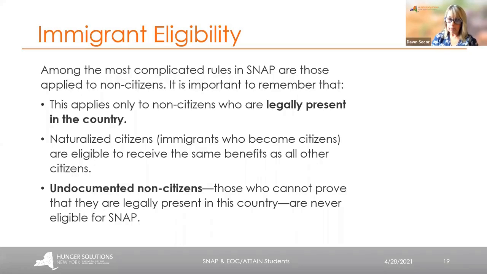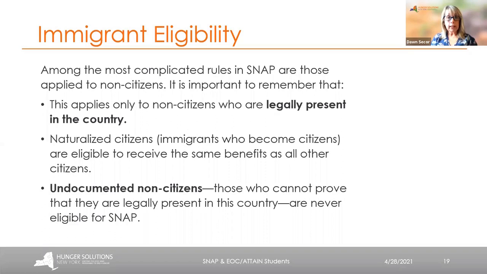We're not going to talk in depth about any of those things, but it's important to know these rules only apply to non-citizens who are legally present in the country. Naturalized citizens, immigrants who become citizens, are eligible to receive SNAP benefits like all other citizens.